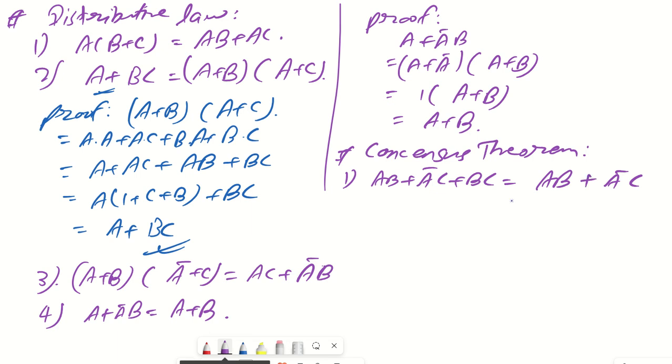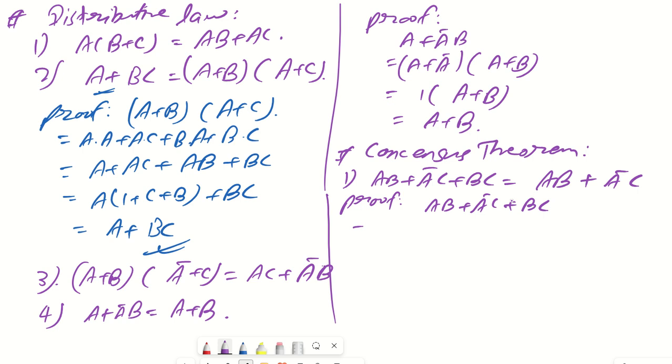If you want to prove, let us say we will prove it immediately. So what will happen? We have ab + a bar c + bc. Our aim is to get ab + a bar c.